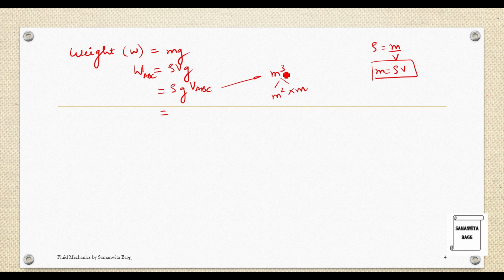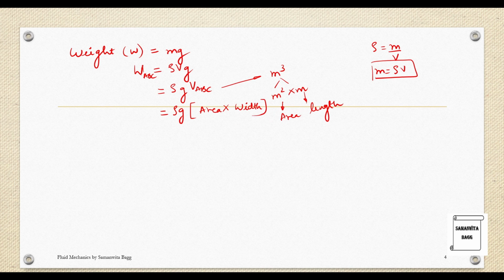Meter square into meter becomes meter cube. Meter square we know is the unit of area. We know meter is the unit of a dimension. We can call it length, width, height, whatever required. So here, this can be rho g into volume, which becomes area into width.